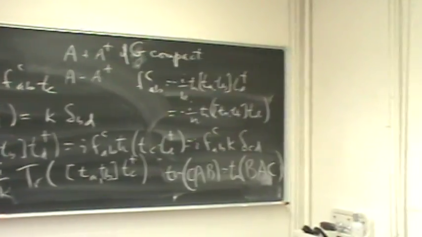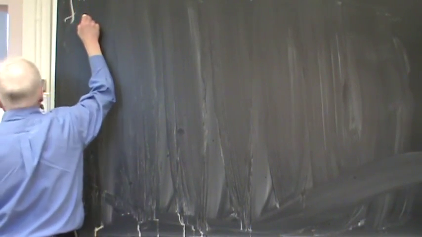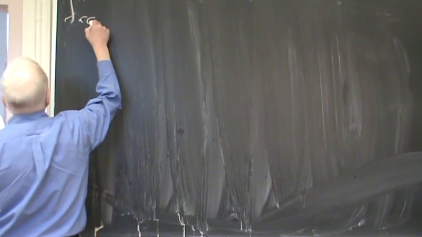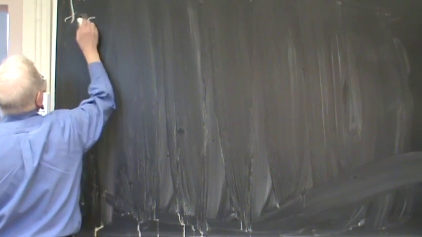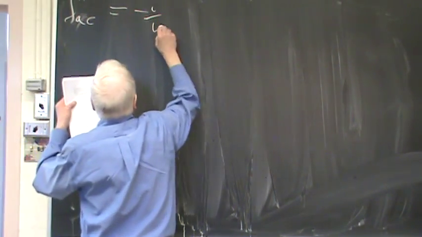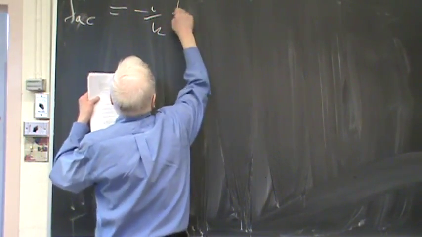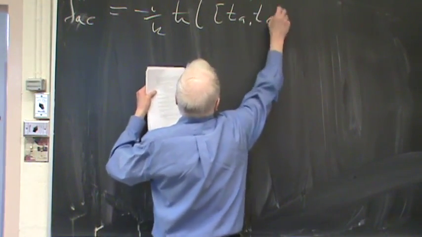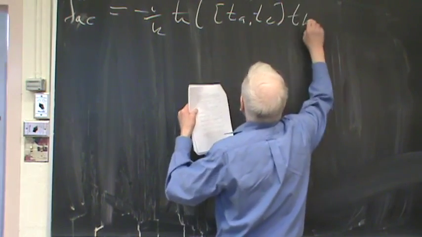For the case of Hermitian generators, we have F_BAC. So I'm starting out with F_BAC, which is minus i over k trace of [T_A, T_C] T_B.